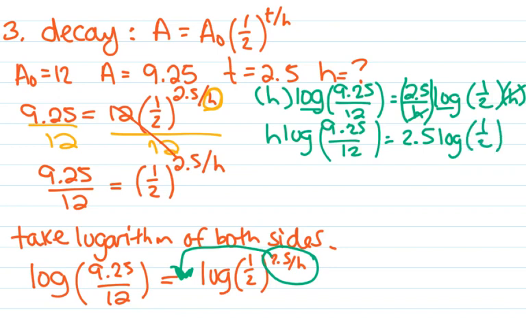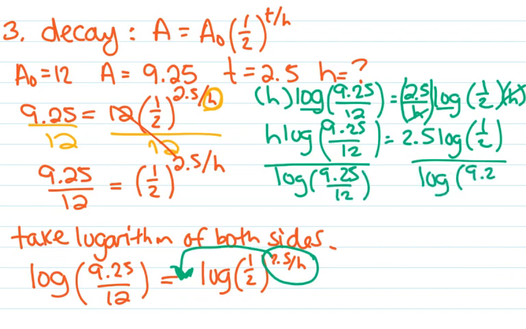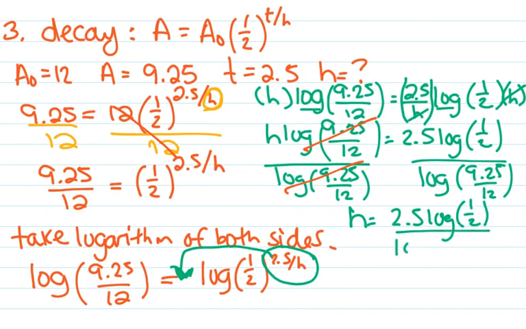Now I want to get h by itself, so I'm going to divide both sides by log of 9.25 over 12. Now this will cancel out, and I will be left with h equals 2.5 log of 1/2 divided by log of 9.25 over 12.